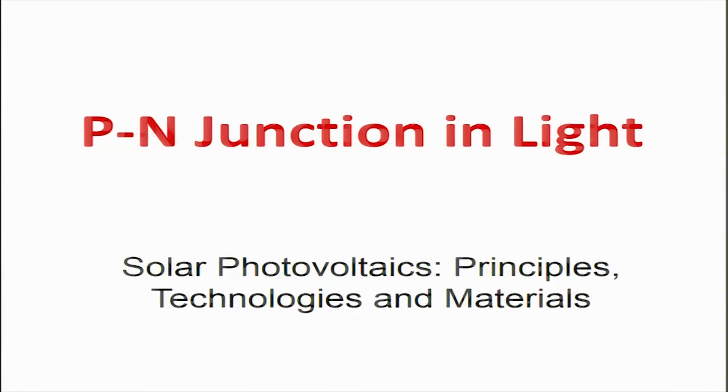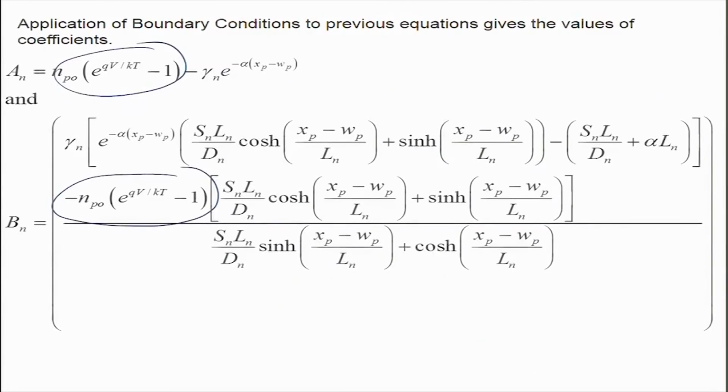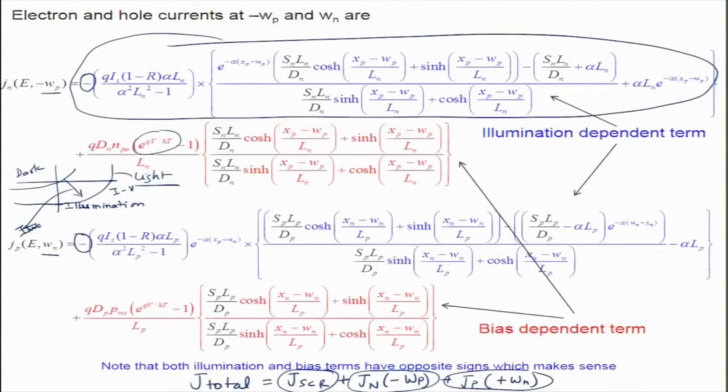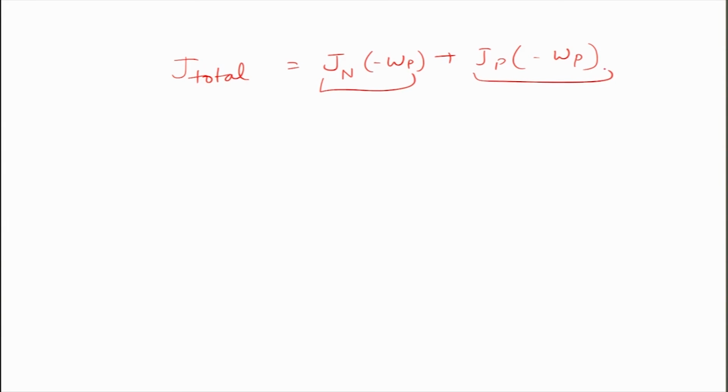So when I was saying that J total, I said earlier that J total was equal to Jn at minus Wp plus Jp at minus Wp. It is easy to calculate this, but it is not easy to calculate this because carriers will immediately diffuse away.